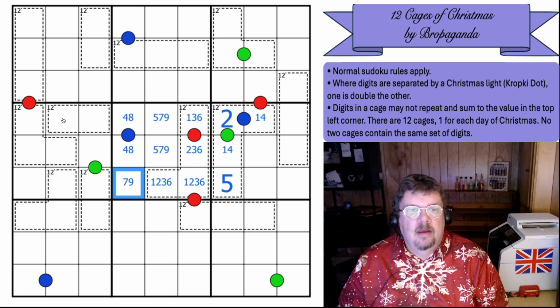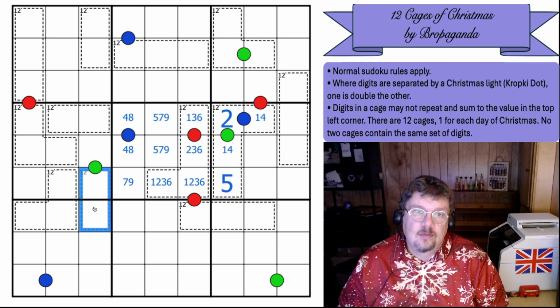Okay. We now have 3 sets of 2-cell cages, and the only ways to make 12 in 2 cells are 5, 7, 4, 8, and 3, 9. This one cannot be 4, 8. This one cannot be 5, 7 because I can't place a 5 or a 7 there.